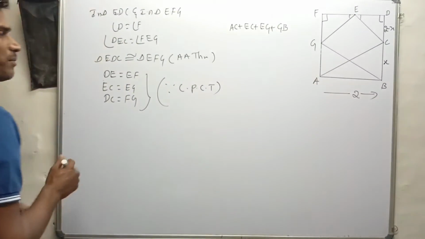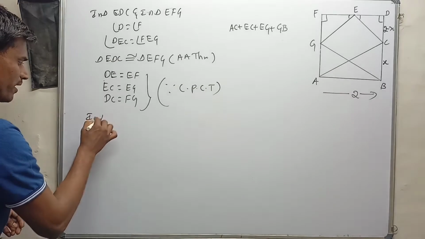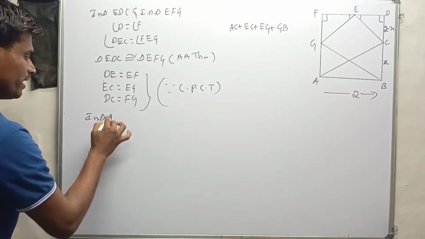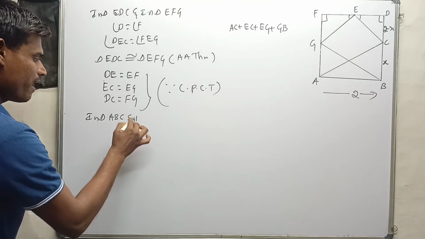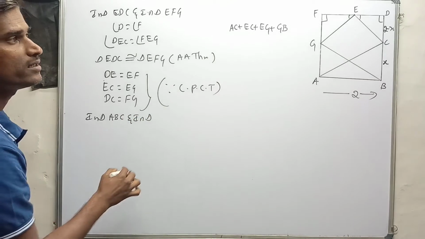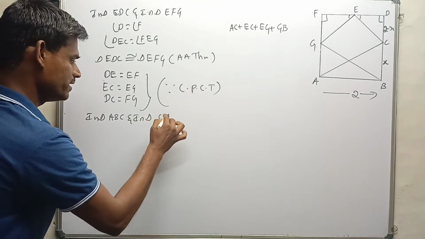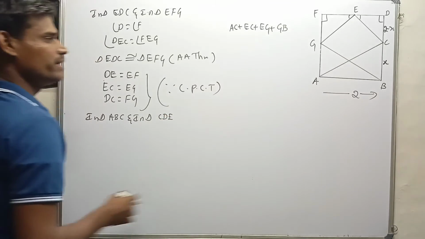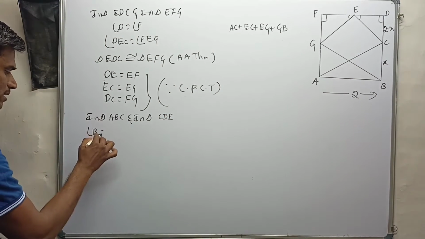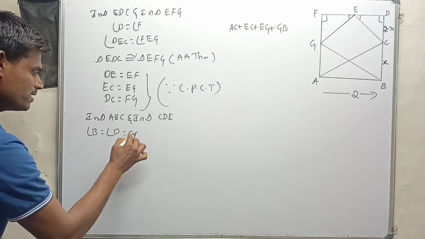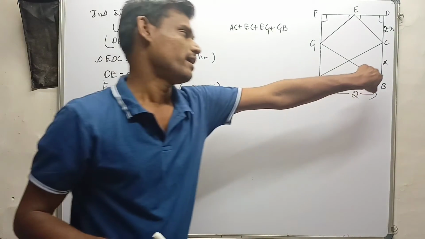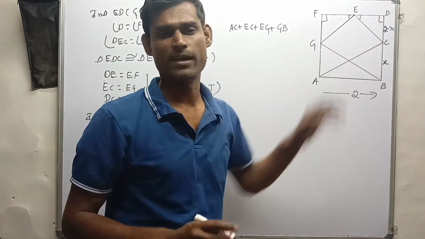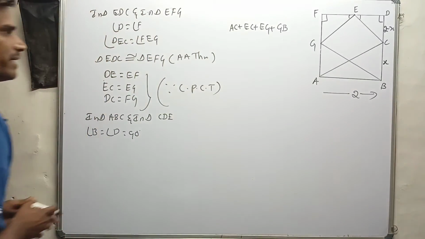Now let's compare the triangles. In triangle ABC and triangle CDE, here angle B is equal to angle D is equal to 90 degrees. Again, in a square each interior angle is equal to 90 degrees.